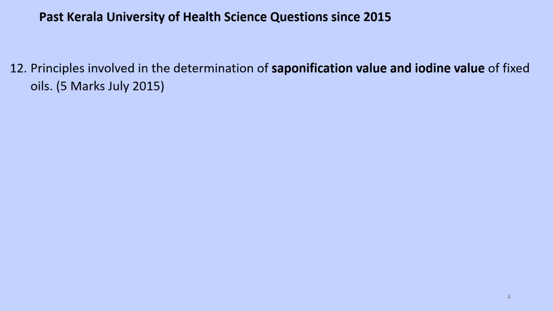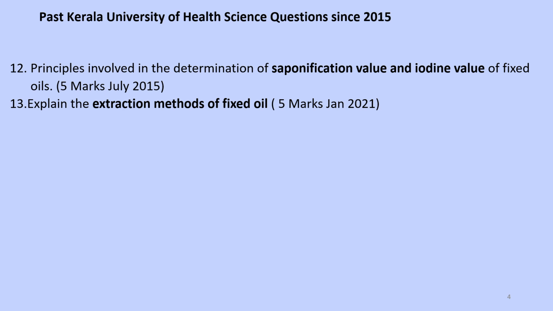And you can see they have asked about the principle involved in the determination of saponification value and iodine value of a fixed oil, a 5 mark question in 2015. Explain the extraction methods of fixed oil in 2021.